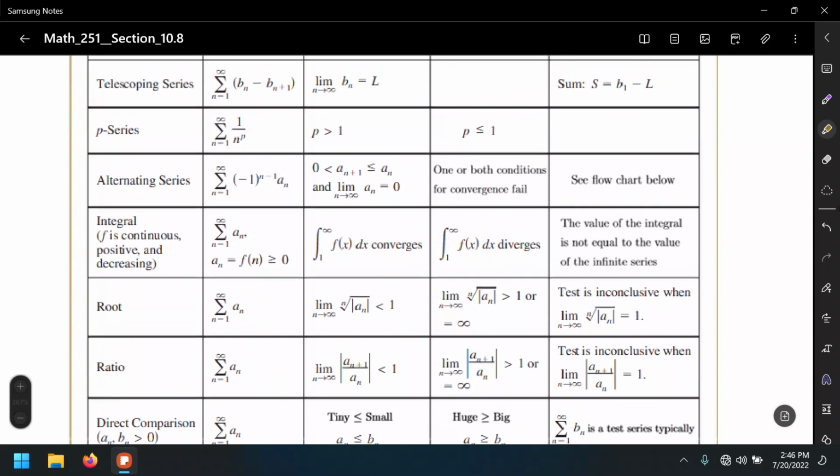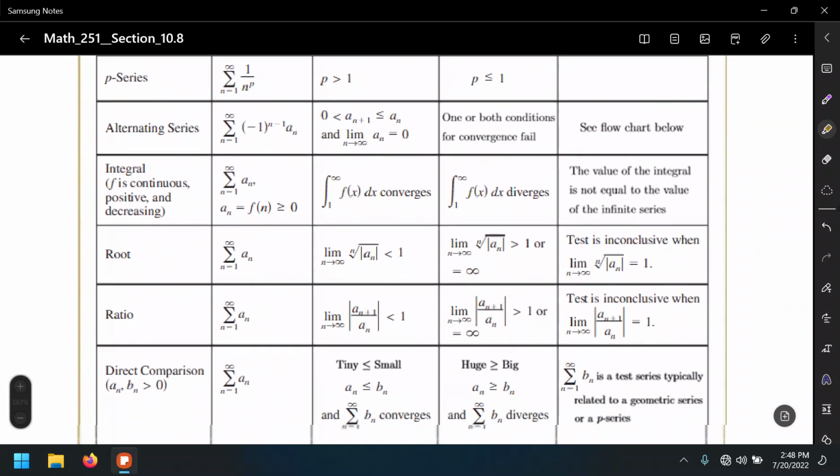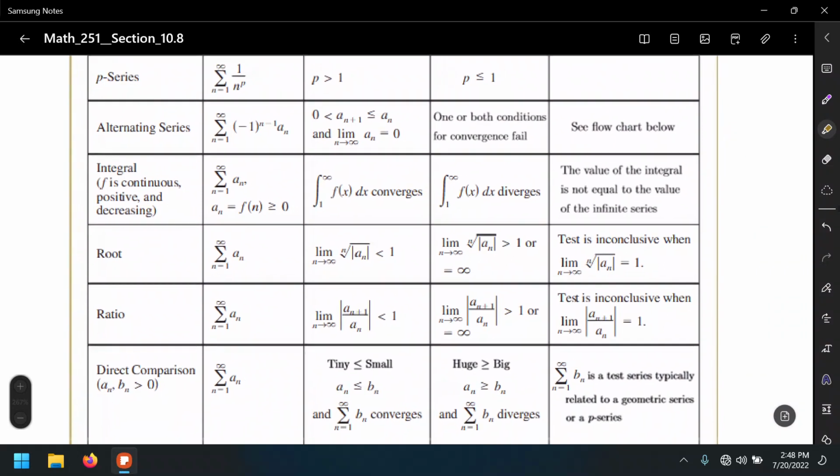Then the integral test. So for the integral test, when you look at the different given infinite series, most of the time they have the look of some f of x that looks integrable. Yes, of course, I agree with that.